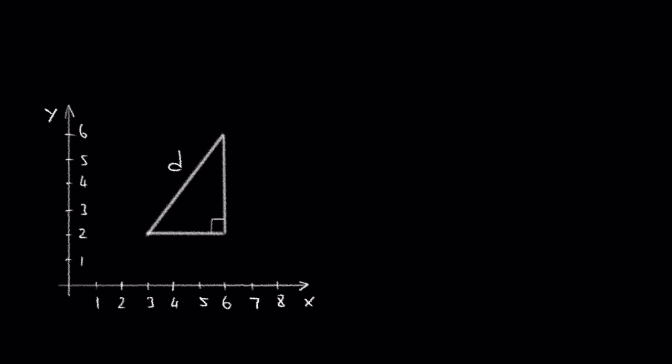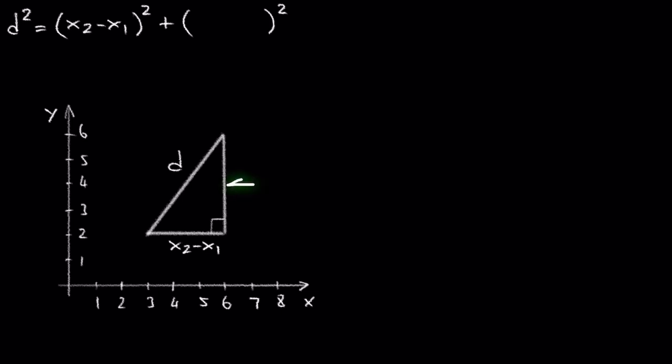It says that the square of this side is the square of this side plus the square of this side. The length of this side is the x-coordinate of this point minus the x-coordinate of this point, which we wrote as x2 minus x1 in the distance formula.